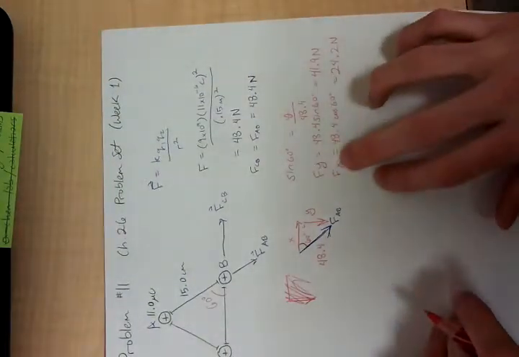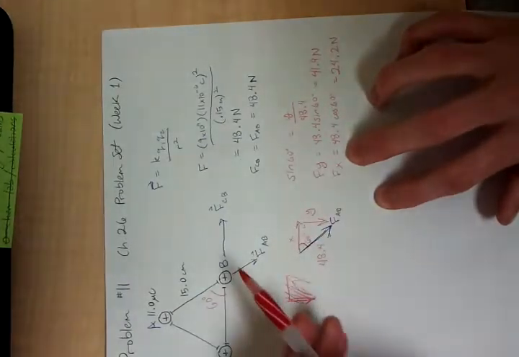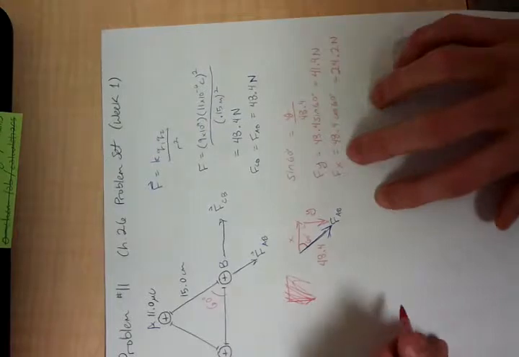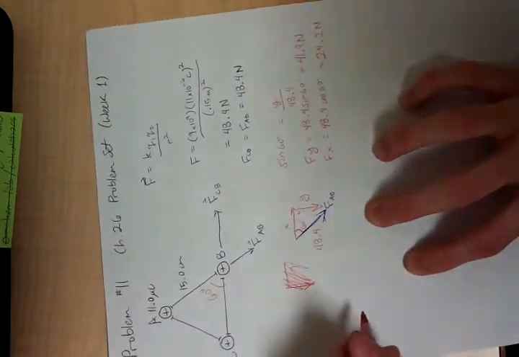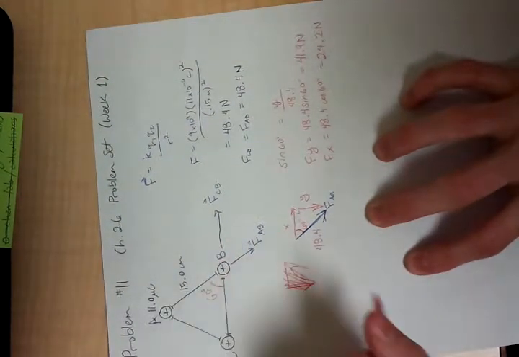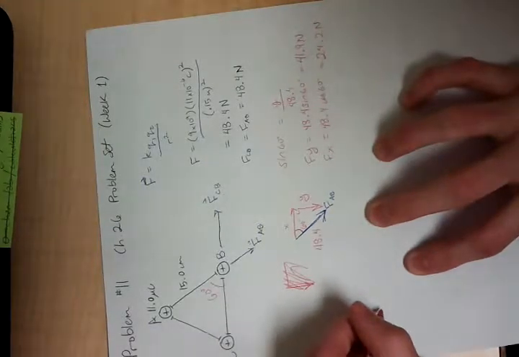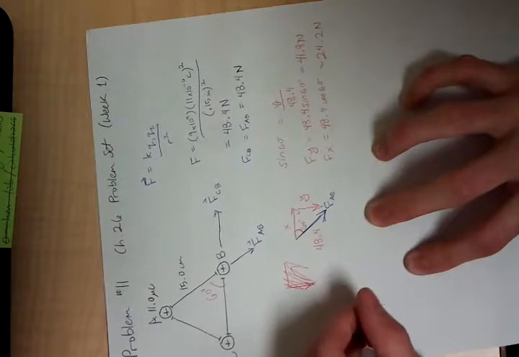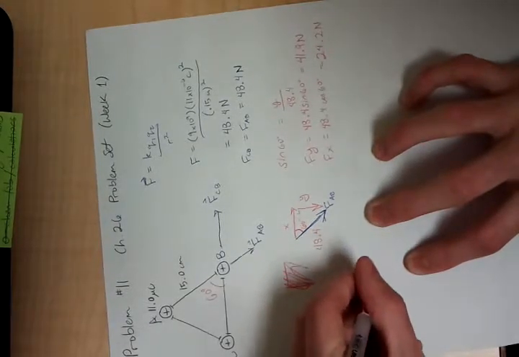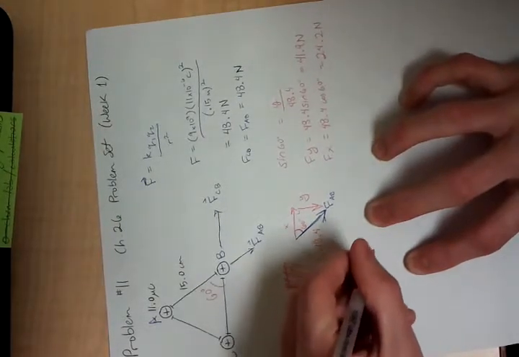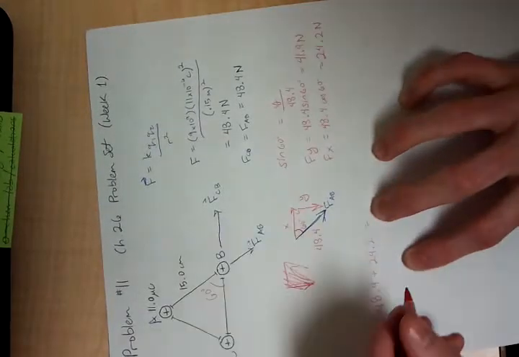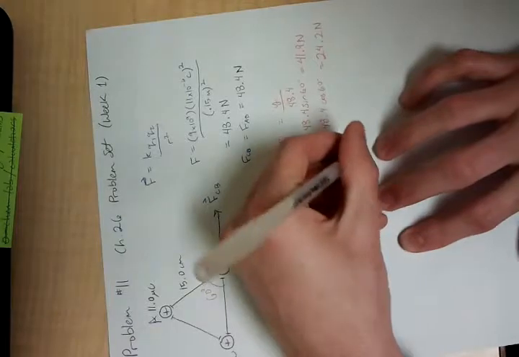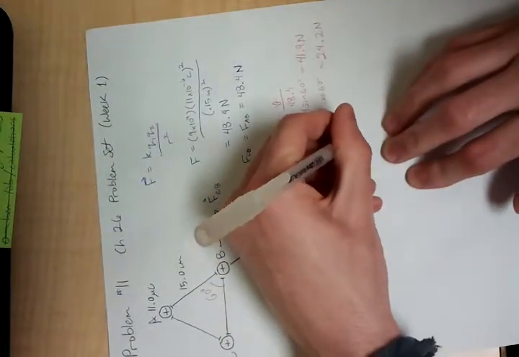Now that we have our forces in the x and y direction, and we have our force from particle C in the x direction, we can find an overall force. The net of the forces on particle B in the x direction will be 48.4 plus 24.2, which is 72.6 newtons.